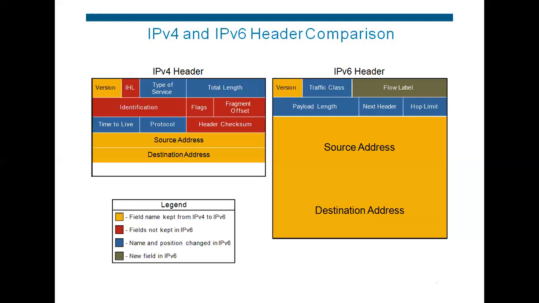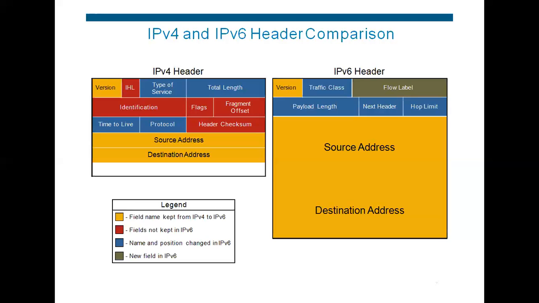What is the life of this IP packet? It cannot remain an infinite time in the network, on the internet. If it is not delivered to the destination, then it will be discarded when the hop limit becomes 0. When it crosses the number of hops mentioned in that particular field, then it will be discarded.